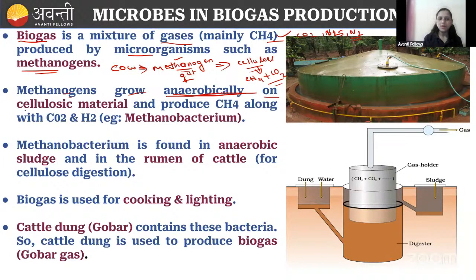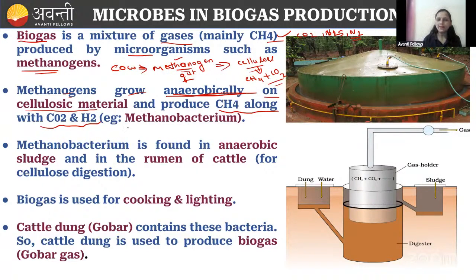So on cellulosic material: the cow, you know, is a herbivore feeding on plant material, yes or no? The plant cell consists of a cell wall, right? This cell wall is broken down by these methanogens. So this cellulosic material will be broken down by the methanogens, and they will produce methane, along with carbon dioxide and H2.